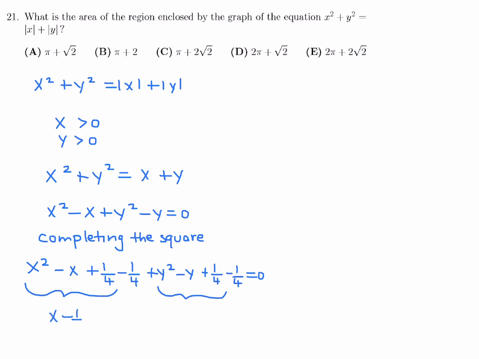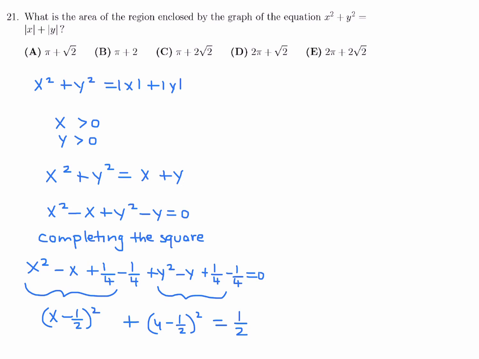And that allows you to factor this and this very nicely. X minus a half squared plus y minus a half squared. And then this and this we can put on the other side. It's basically 2 quarters, which is going to be positive a half. So this is a circle with radius square root of 1 over 2.